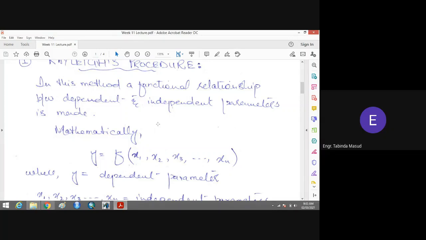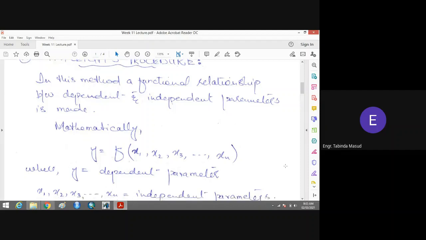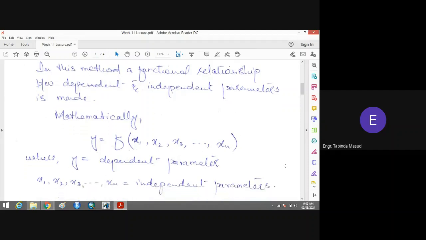First of all, let's look at the definition. In this method, a functional relationship between dependent and independent parameters is made. What are the dependent parameters and what are the independent parameters?